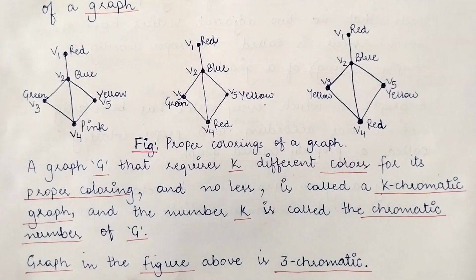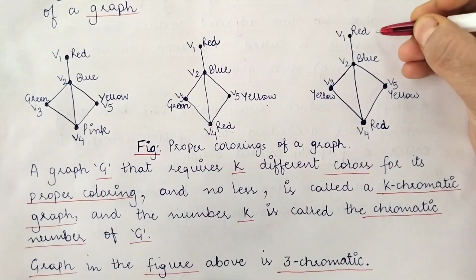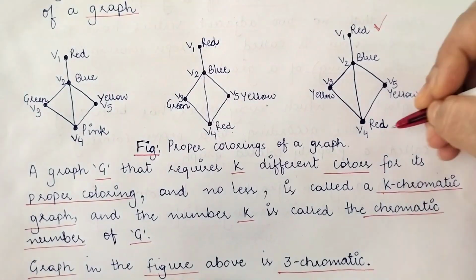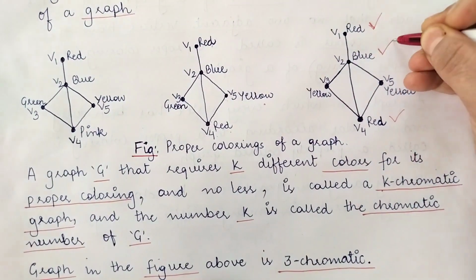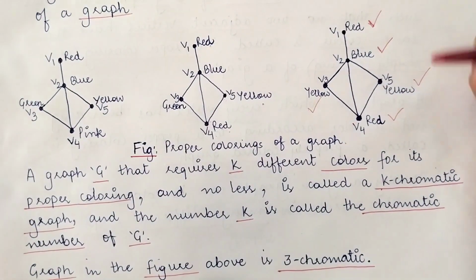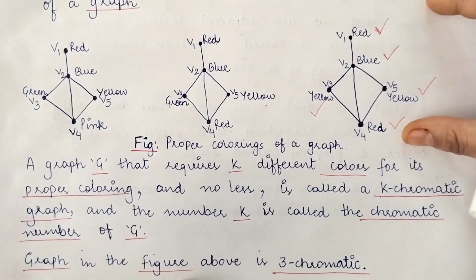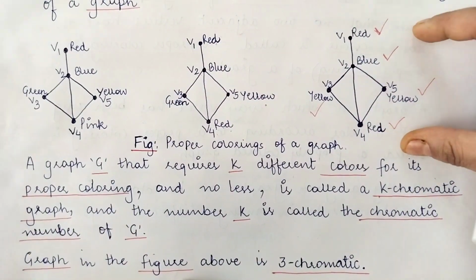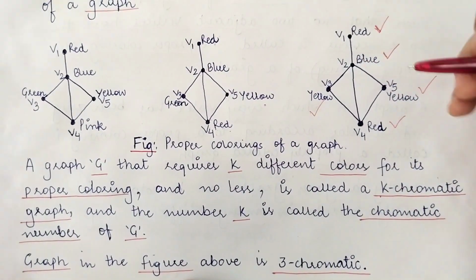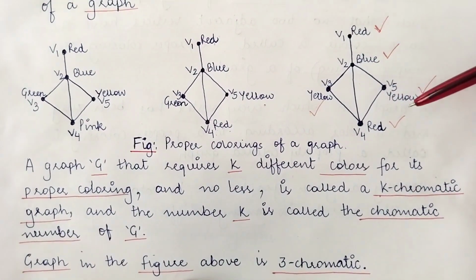So if you look at this particular graph, it is 3 chromatic. Why? Because the minimum number of colors that are required is 3. One color is red, second color is blue, and third color is yellow. So 3 is the minimum number of colors that is required for the proper coloring of this graph, and no less than 3. You cannot do it in less than 3 colors, right?